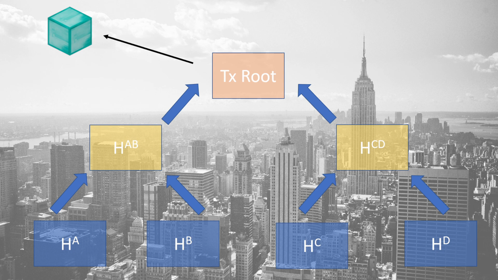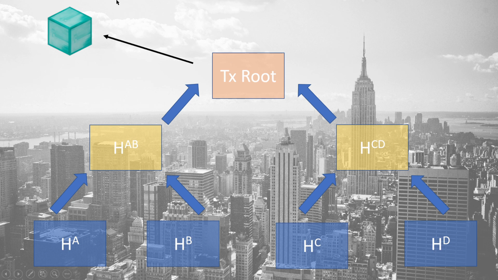Like HA and HB came together. HA here refers to the hash of transaction A or data A, and HB is the data B hash. When data A and data B are there, you calculate the hash of both of them, and then you put these two hashes as data and calculate the hash again.